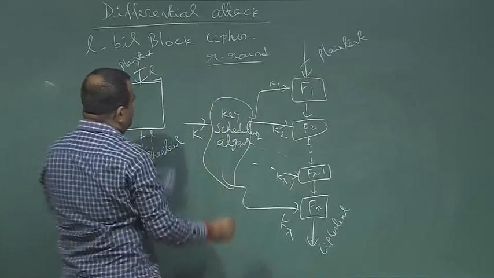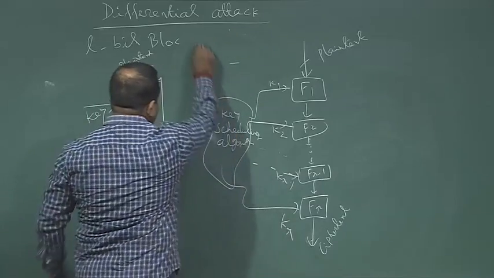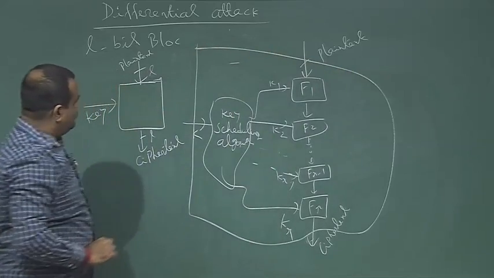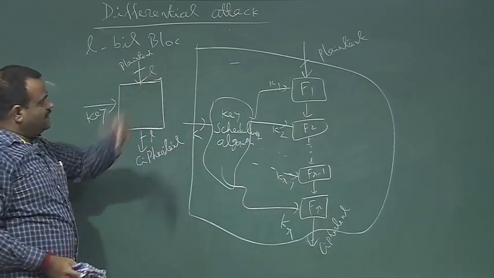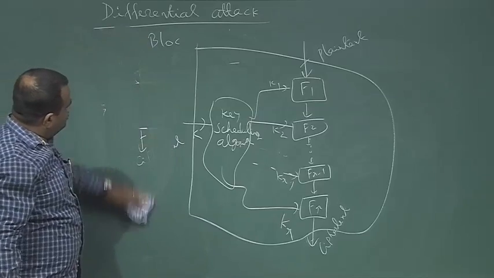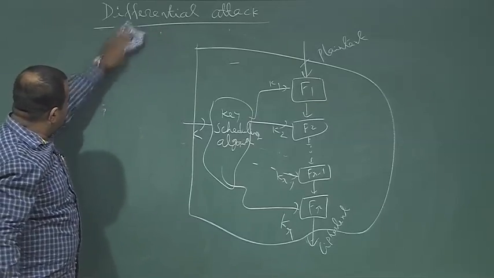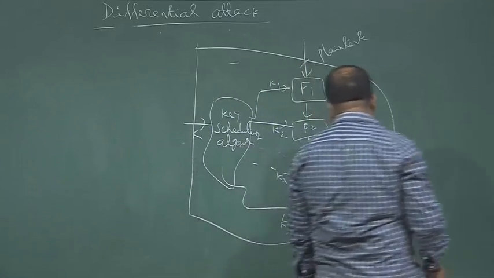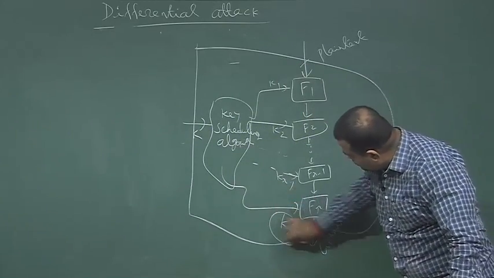So, this is basically a typical R round block cipher, where plain text and ciphertext are L bit. Now, in the differential attack, we try to get the rth round key.